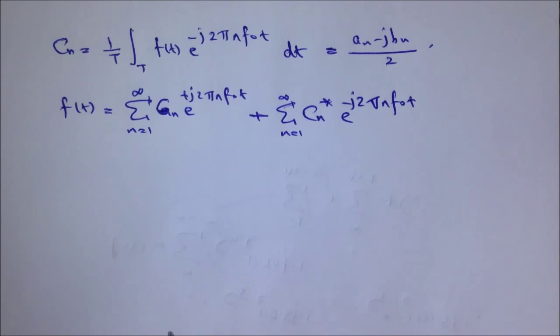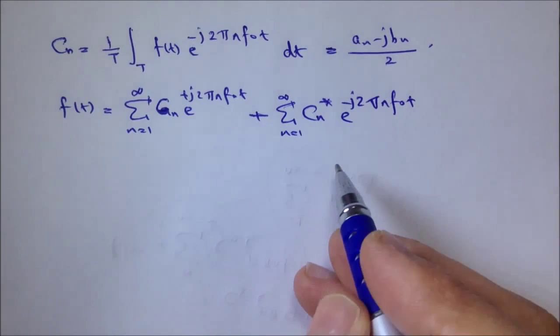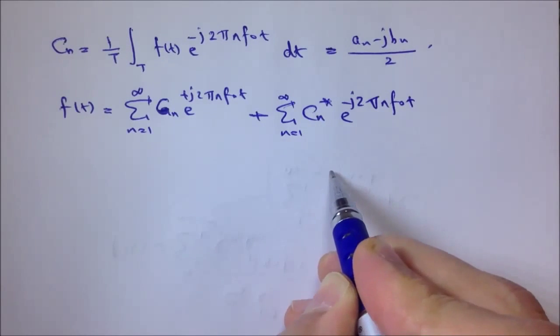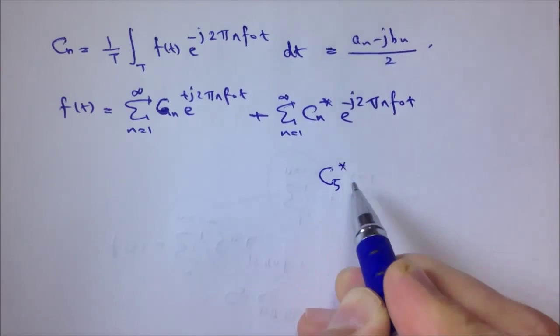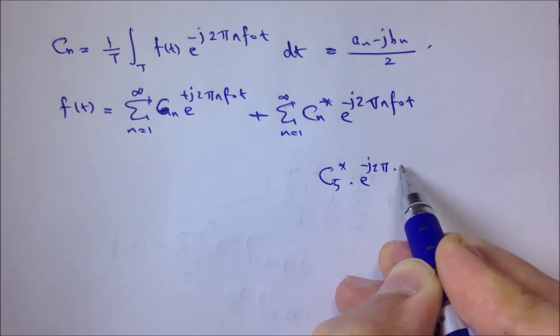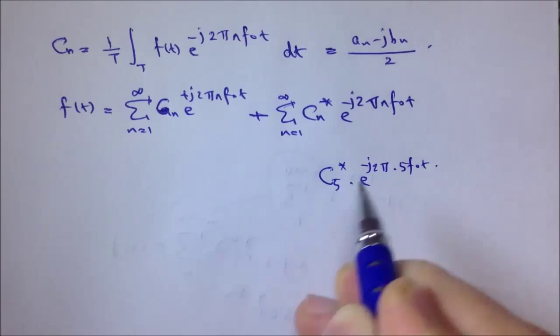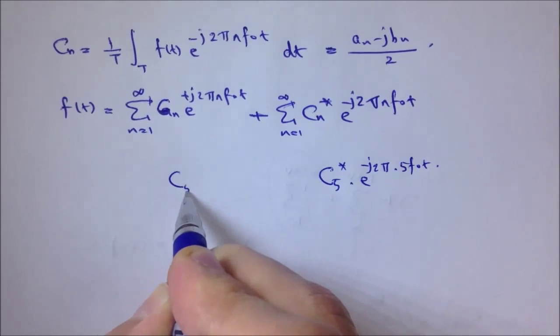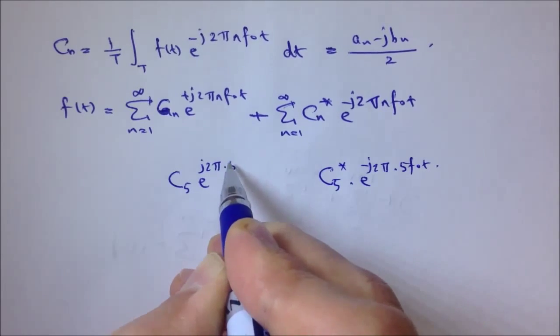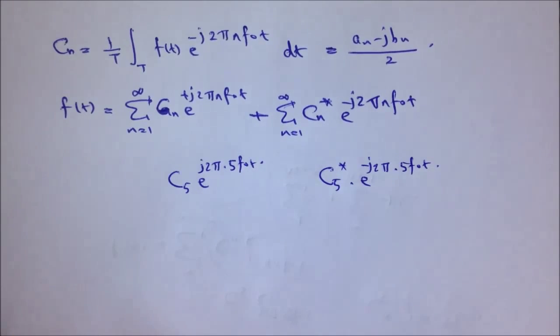Now there's one more simplification step that we can do to this synthesizing formula. For example, if n equals 5 in this summation, you get c5 conjugate multiplied by e to the minus j 2 pi times 5 f naught t. In this summation, you get c sub 5 multiplied by e to the j 2 pi times 5 f naught t.